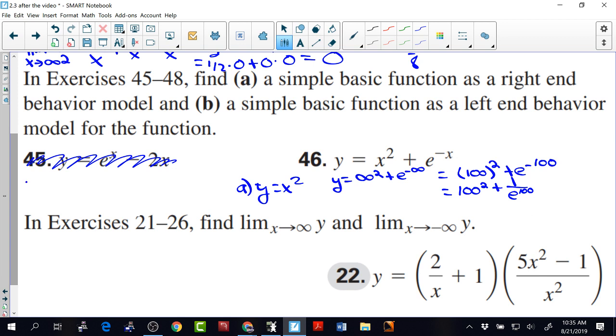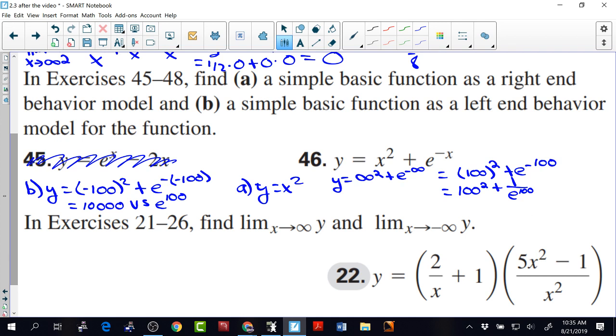I didn't leave myself a whole lot of room. For b, y equals negative 100 squared plus e to the negative 100, or I think of it as infinity. You can just pick a fairly big number. Now you're comparing 10,000 versus e to the 100, so 3 to the 100.